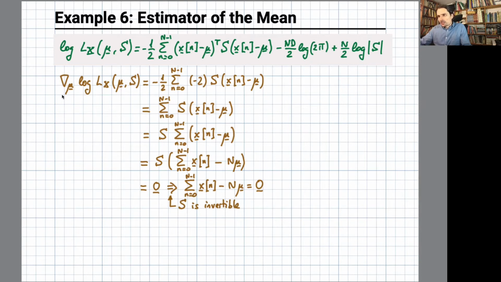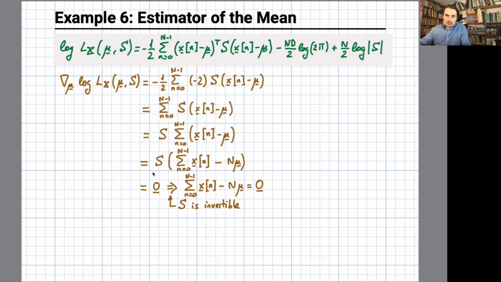So to obtain the maximum with respect to mu, we need to set this gradient equal to 0, and since this is a matrix and this is a vector, this is 0 only when this vector is in the null space of this matrix, right?